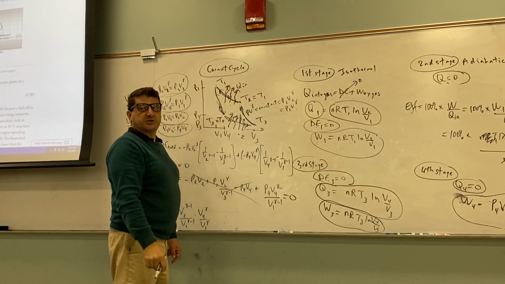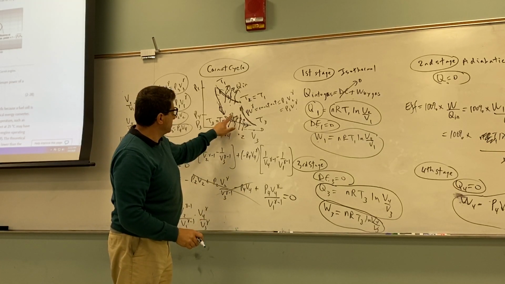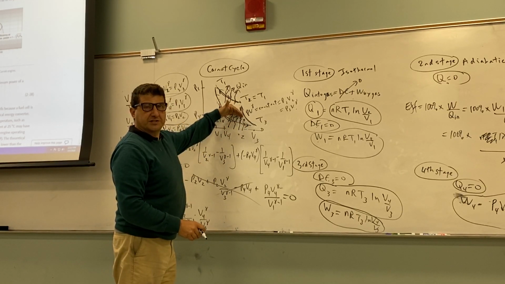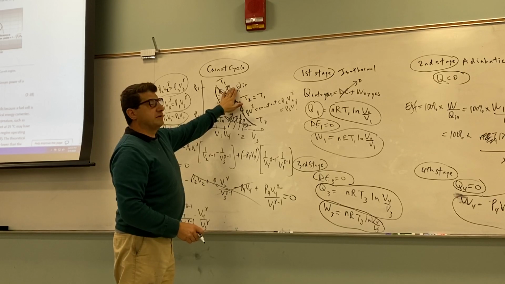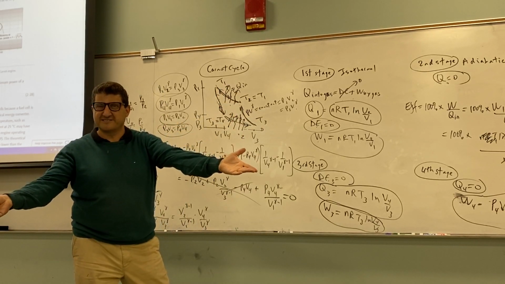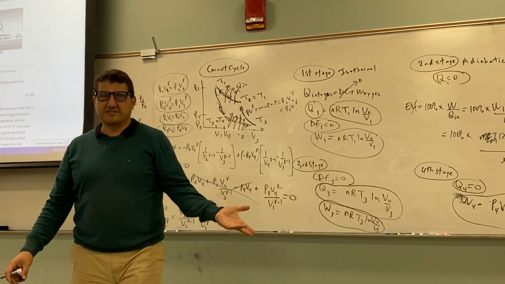So if you're using this as a refrigerator, this would be the inside of the refrigerator, and you would be extracting heat from the inside. This would be the back of the refrigerator, and you would dump heat to the kitchen. That's why the kitchen gets warm.